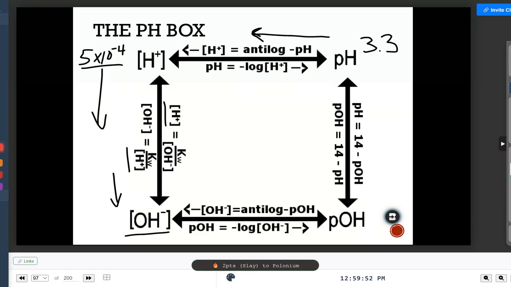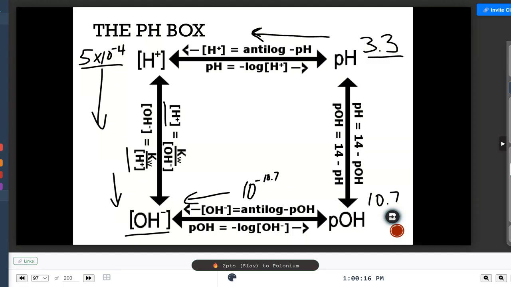Or we could do it the other direction. We could say, hey, well, a pH of 3.3 would actually be a pOH of 10.7. So now let me take 10 to the negative 10.7 and get my answer over here as well, right? So there's a few ways that you could come up with the hydroxide ion concentration if you were given the pH.